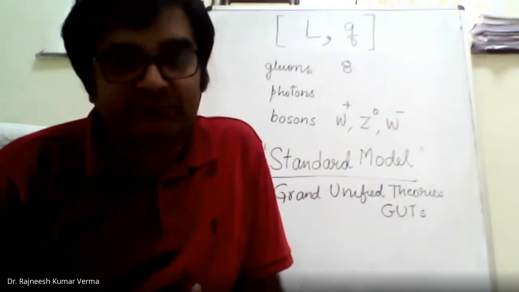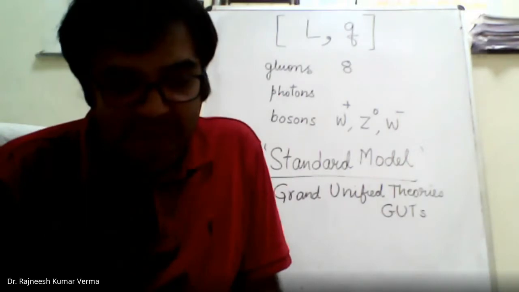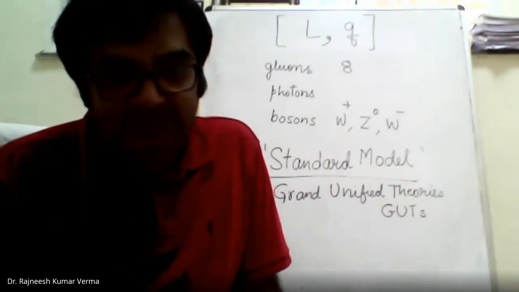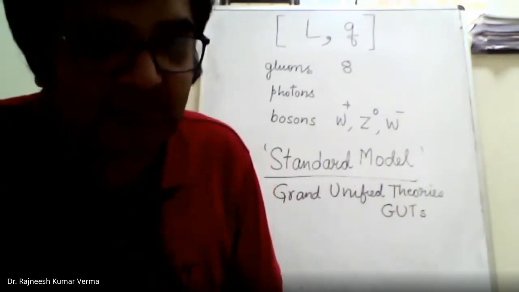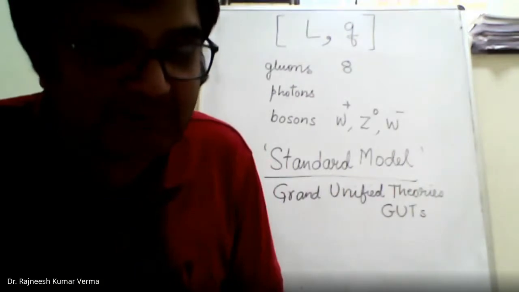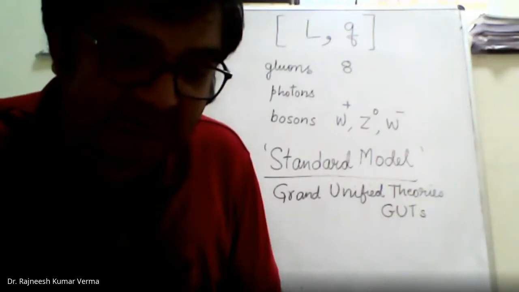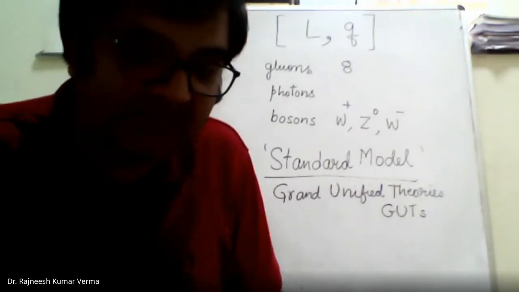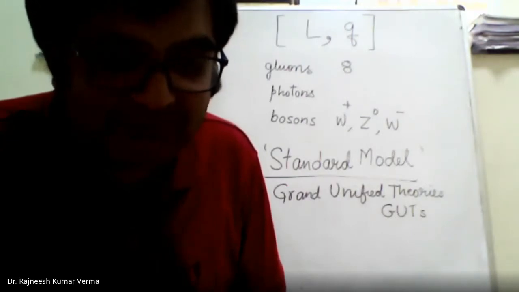Since protons are composed of quarks, and the quarks can be converted into leptons, therefore, in a way, we are trying to say that proton can decay into leptons. But proton is the lightest baryon. It is the most stable particle. Whenever you find a proton in free state, it can never decay.